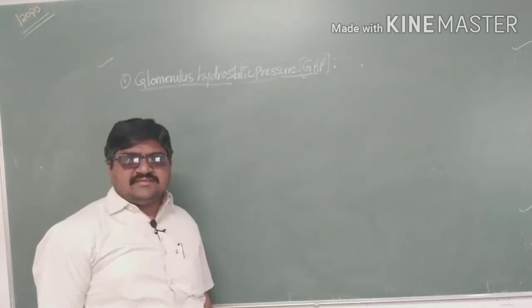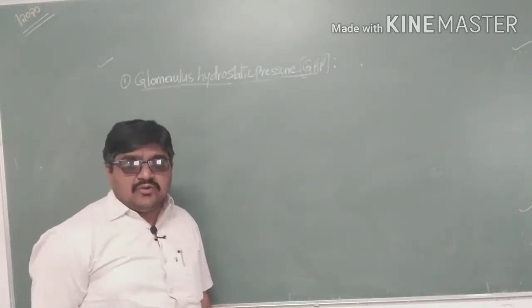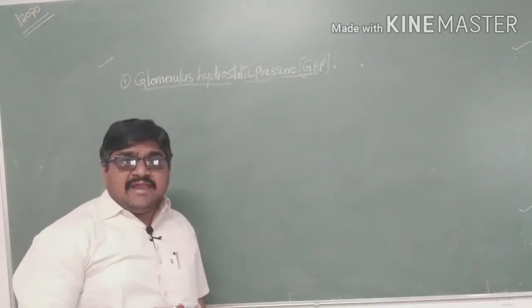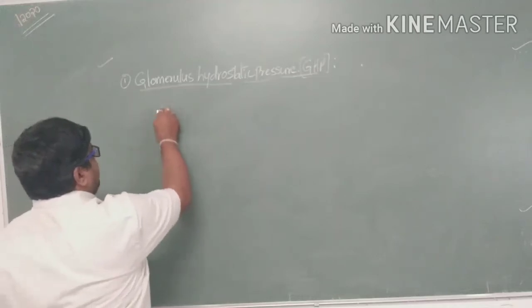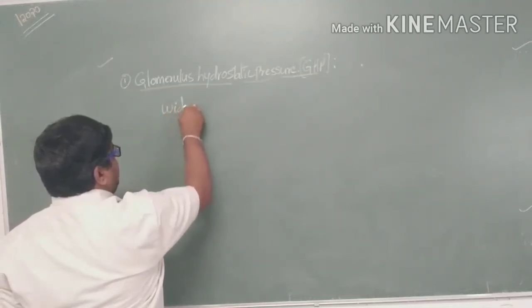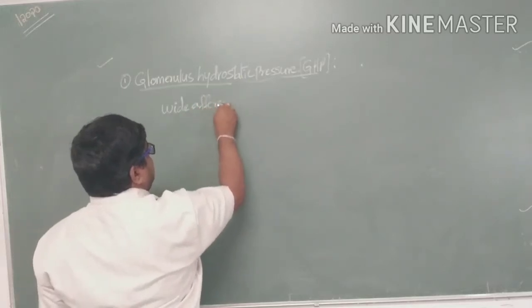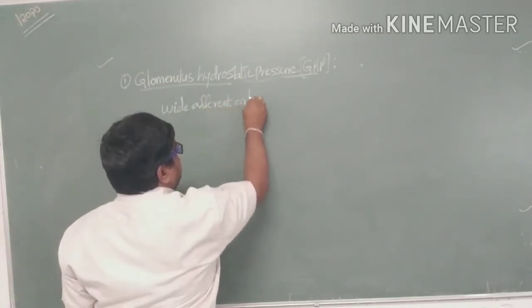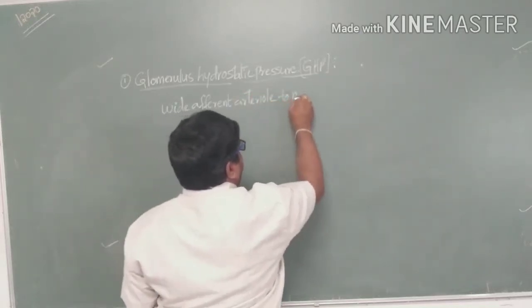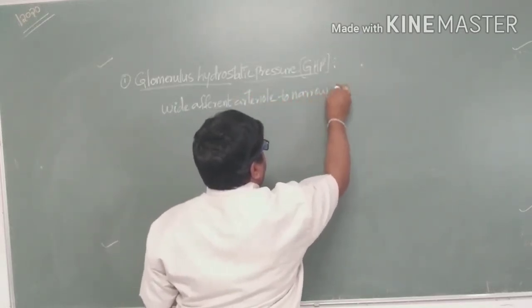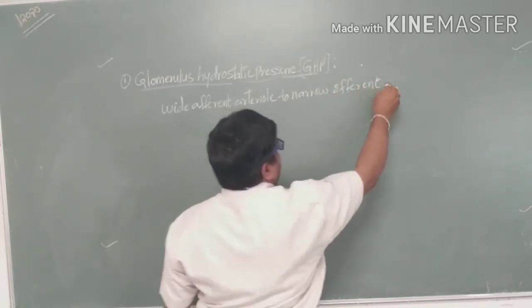It is the pressure exerted in the glomerulus, from a wide efferent arteriole to a narrow efferent arteriole.